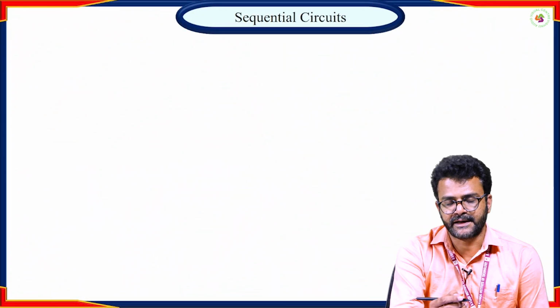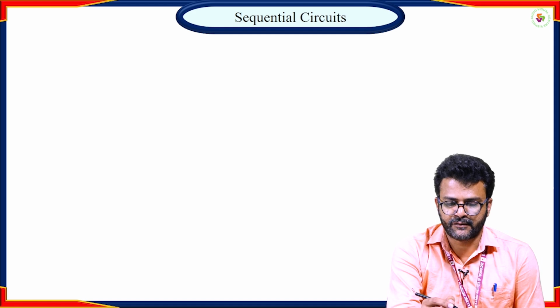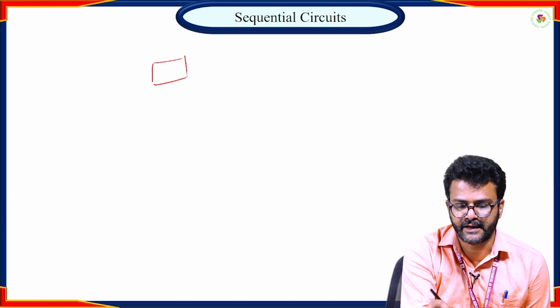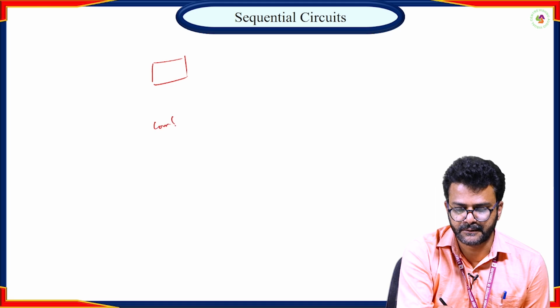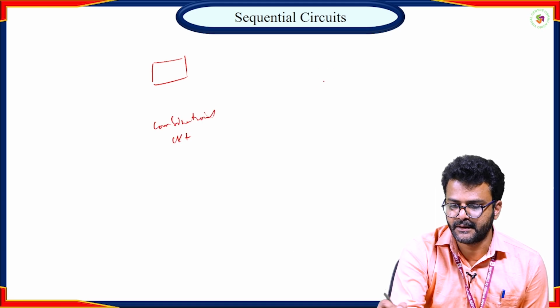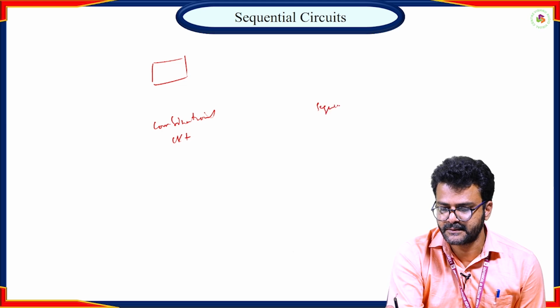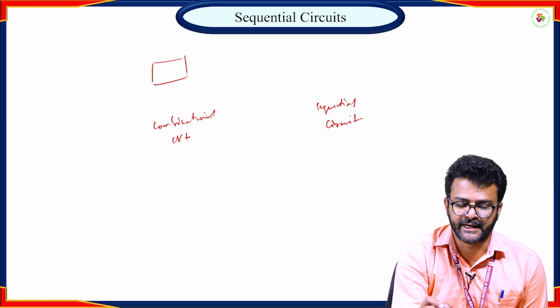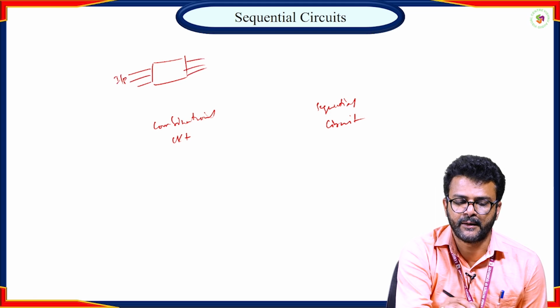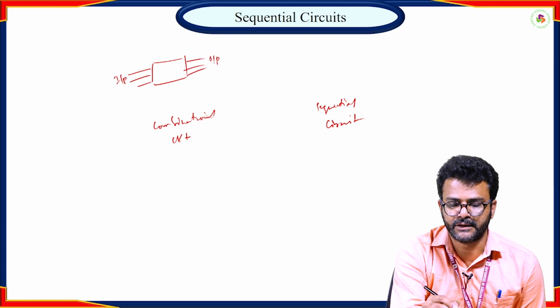Coming to sequential circuits, first of all we should know the difference between combinational and sequential circuits. In a combinational circuit, this will be your input, this will be your output, and this is your logic diagram.